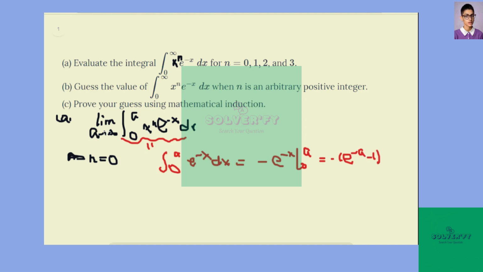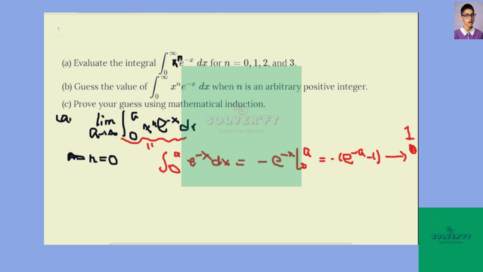And when A goes to infinity, e to the negative A goes to 0. So the result is 0 when A goes to infinity. No, this is 1, sorry. e^(-A) is 0, so this is negative of negative 1, so this goes to 1.